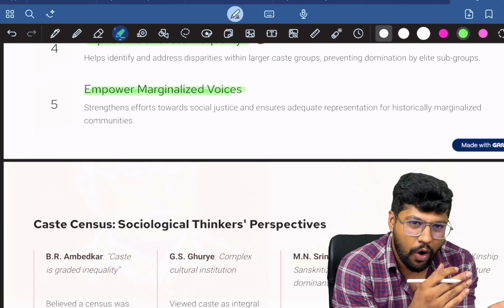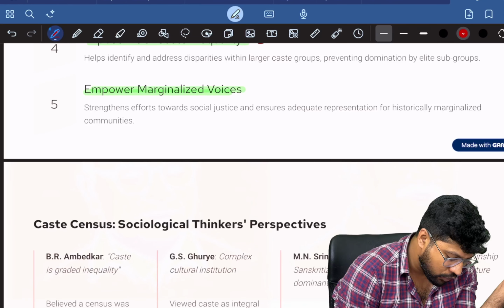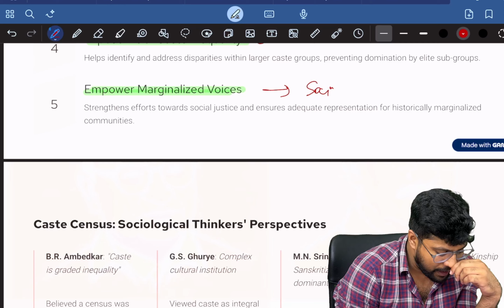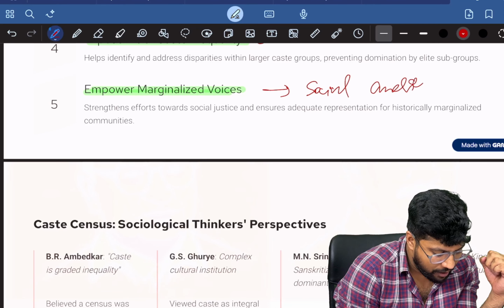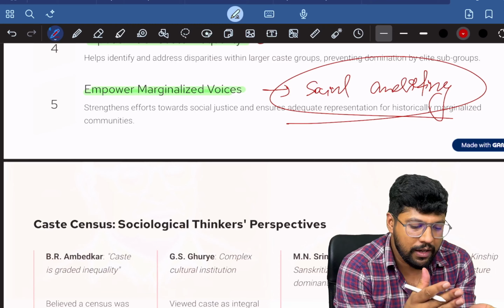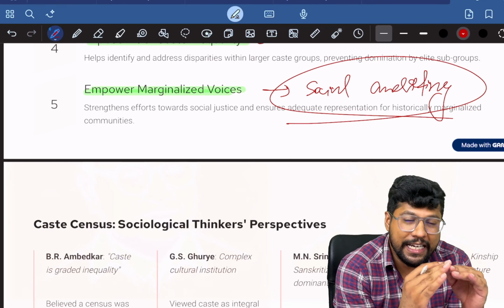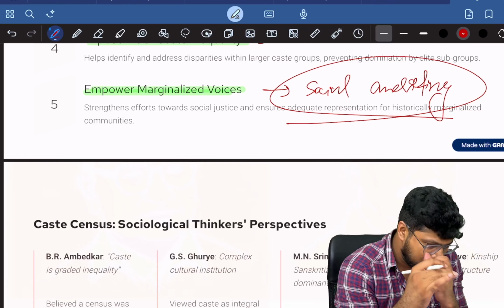The government is doing a lot of affirmative actions, and this will lead to a kind of social auditing of government affirmative actions. So who got what? This will again expose the hidden inequality present within the caste.